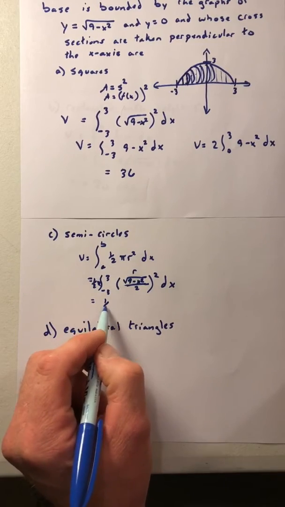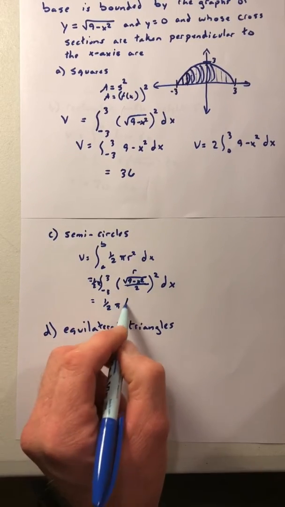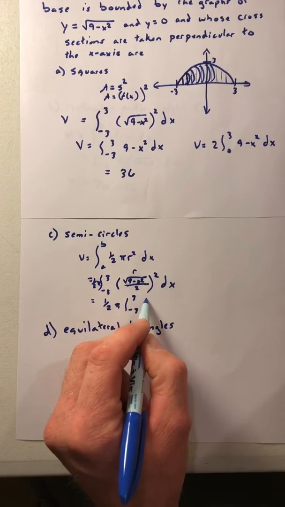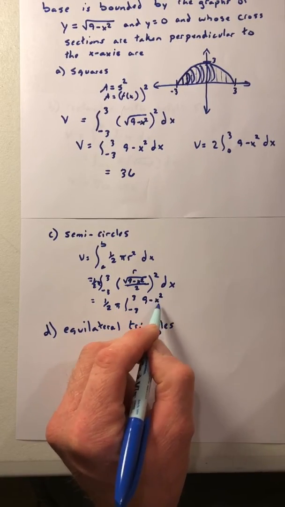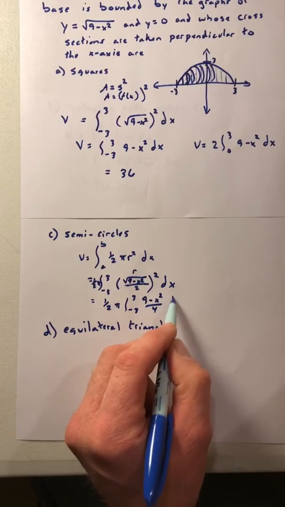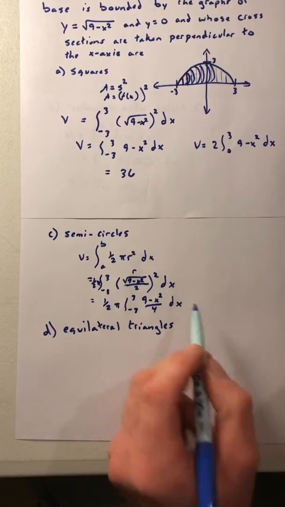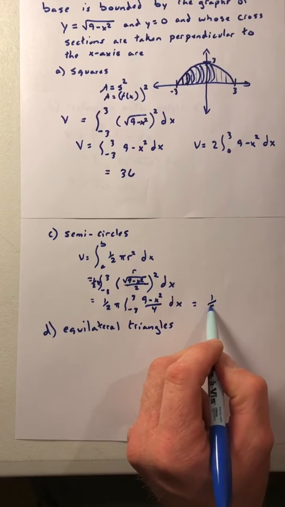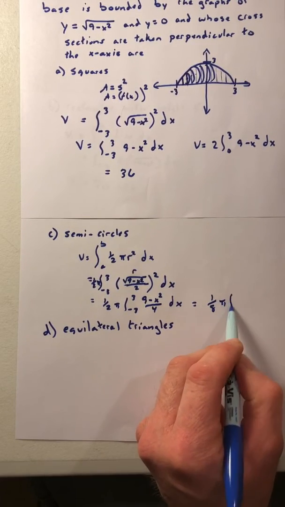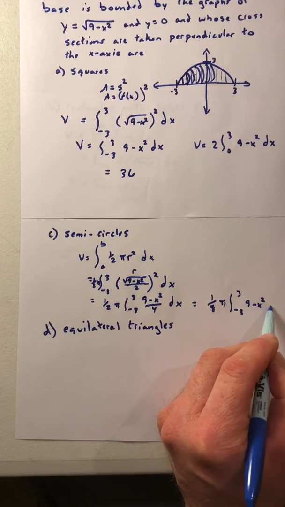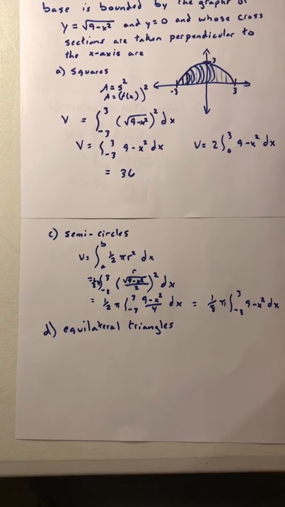So that's going to look like 1/2 pi, integration from -3 to 3. If I square this out, it actually becomes a little nicer, because I get 9 minus x squared over 4 dx. I could bring that 4 out. So I get 1/8 pi, integration from -3 to 3 of 9 minus x squared dx.